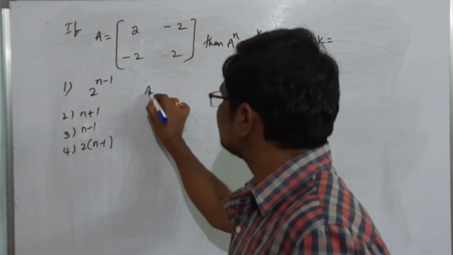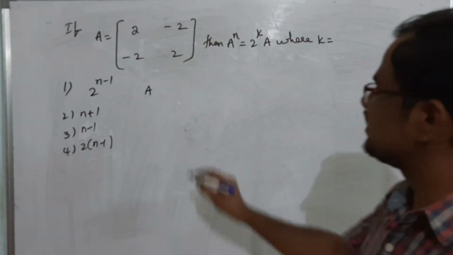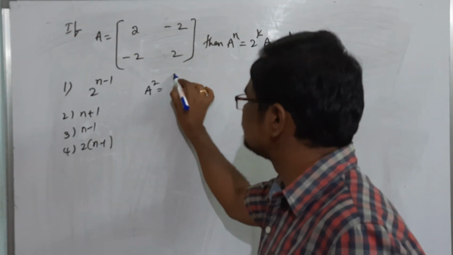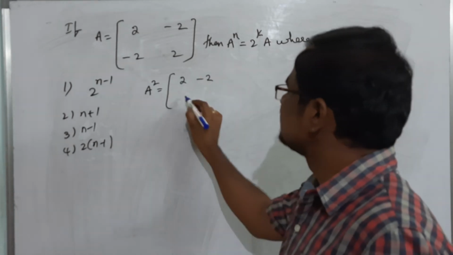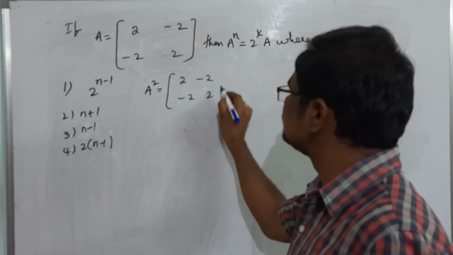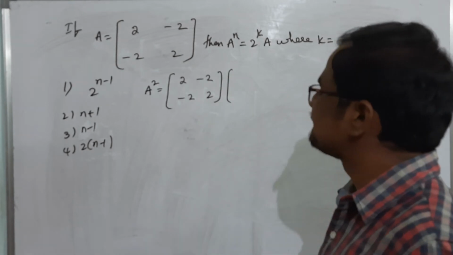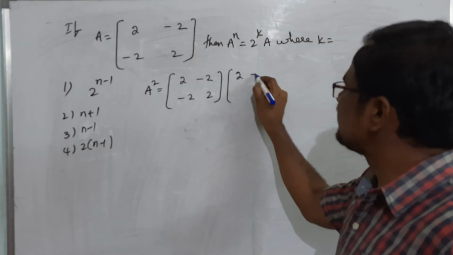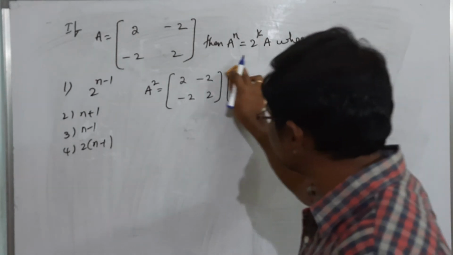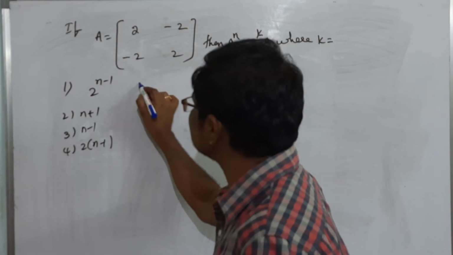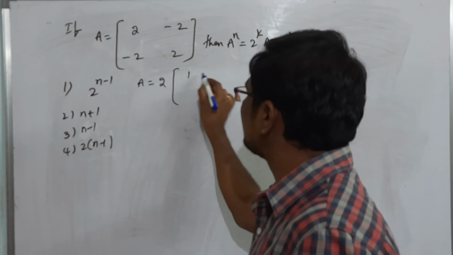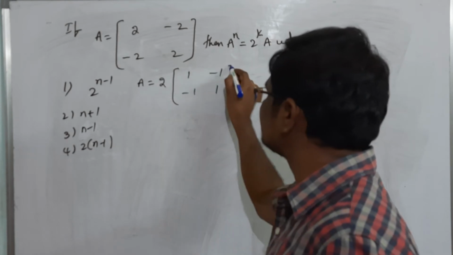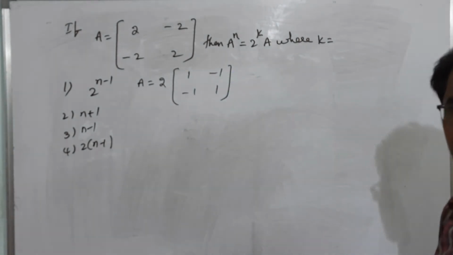So here, to do this problem I will find A square. A is [2, -2; -2, 2]. Otherwise, before that, this A can be written like this: if you take 2 common, it is 2 into [1, -1; -1, 1], like this also you can do, right?